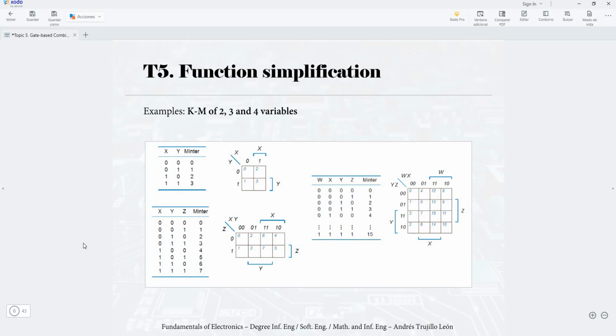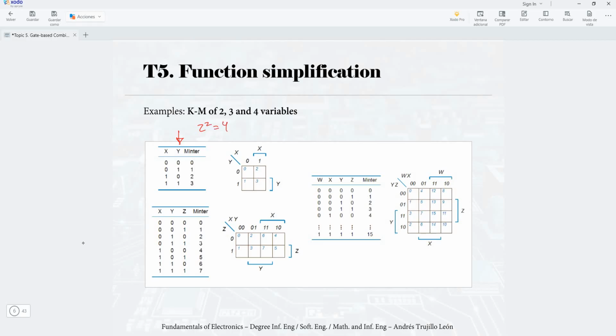And remember, a Karnaugh map is a method, a tool for representing logic functions in a matrix, in a two-dimensional table. So you have to master this method. You have, for example, this truth table. We have two variables, so we are going to have 4 combinations.